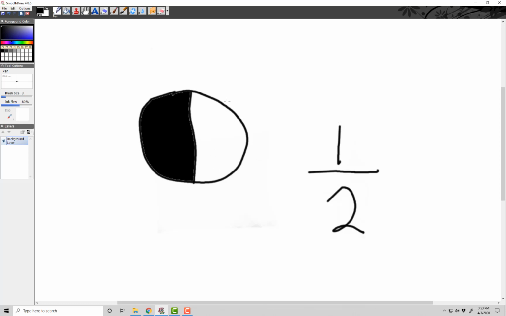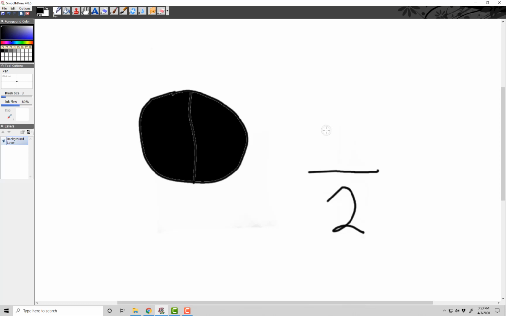All we did was we took one whole pie, we said we want to divide it into 2 pieces, and we're eating half. Now we can say that, well, we're even hungrier than we thought, and we want to eat another half. So we can fill this in and say we want to eat both of these, right?